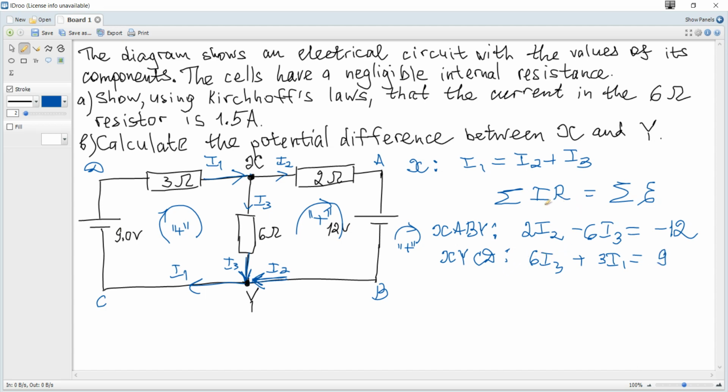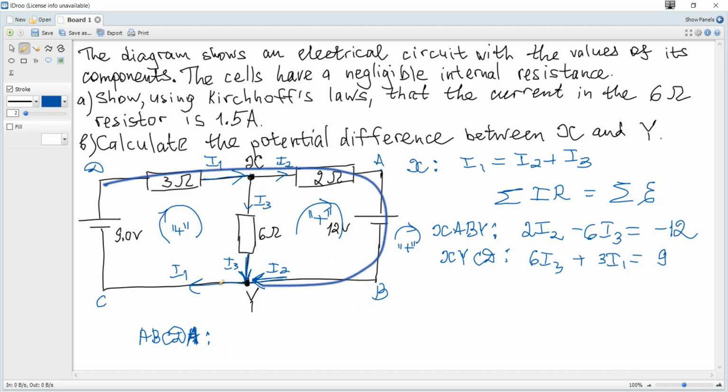We have 3 unknown values, I1, I2, I3, and there are 3 equations. Hence, we can solve these simultaneous equations and find I1, I2, and I3. It's not needed, but let's consider A, B, C, D, and again A, and see what we get.